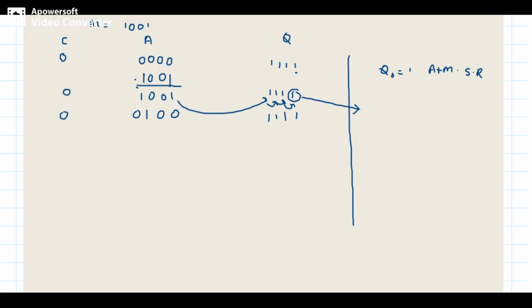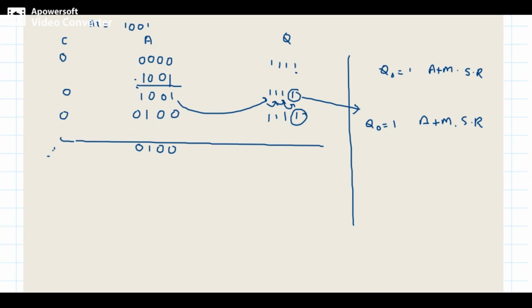Once again we have to check the Q naught bit. The new value of Q is once again 1, so Q naught is 1. Perform A plus M and shift it right by 1 position. A is 0 1 0 0, and I will add M, that is 1 0 0 1.